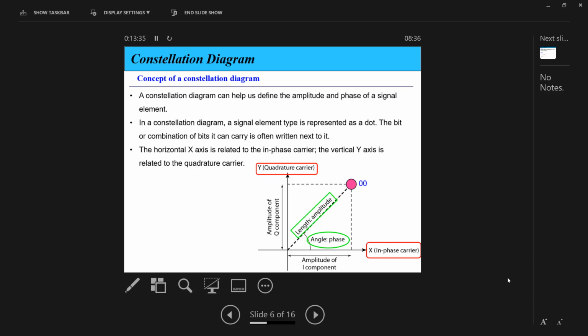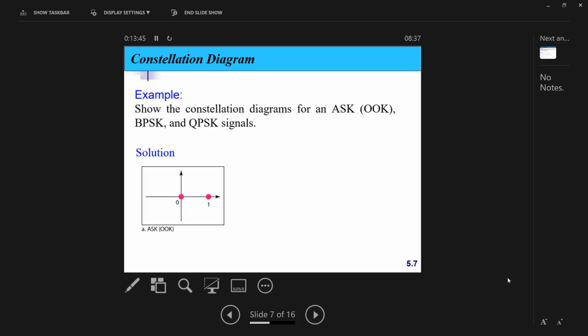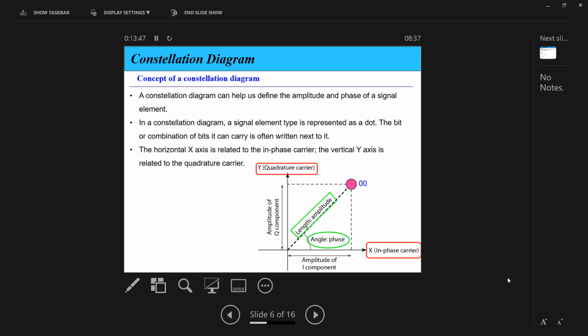Is it clear how we can draw this diagram for any type of modulation? Let's take an example. So far we studied amplitude shift keying, binary phase shift keying, QPSK, and frequency shift keying. This is the IQ.